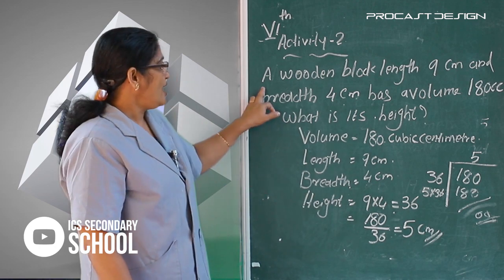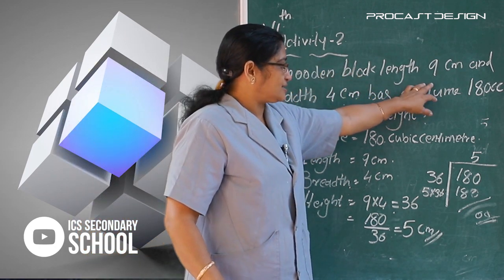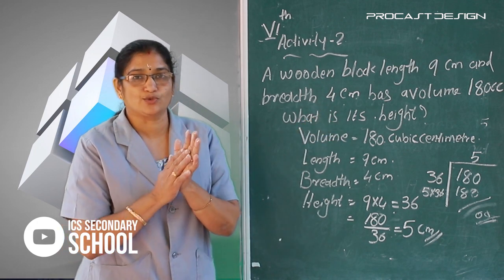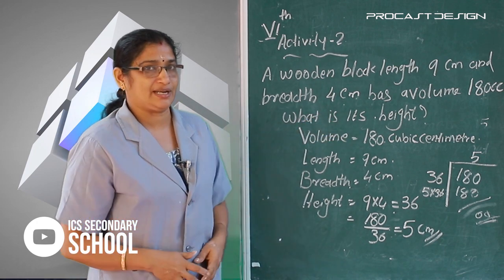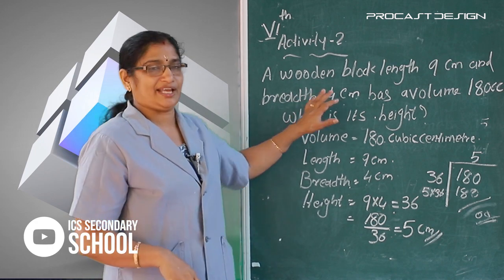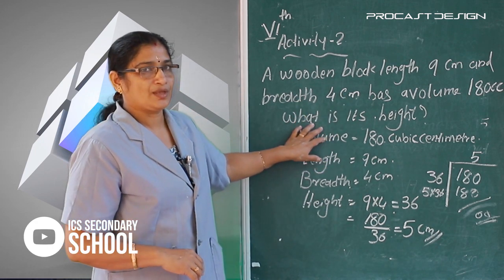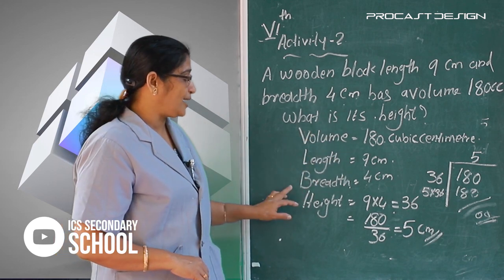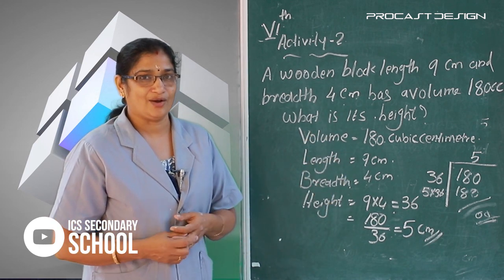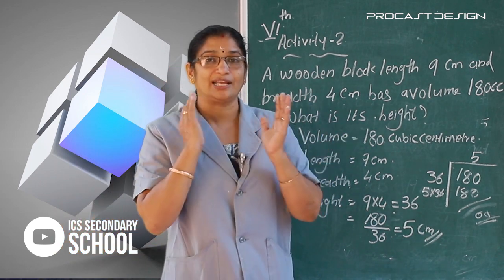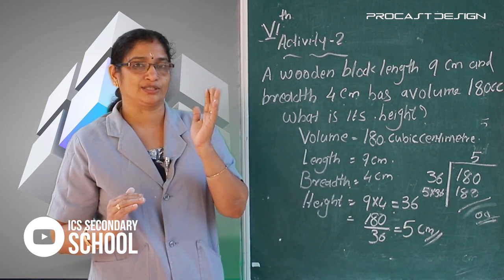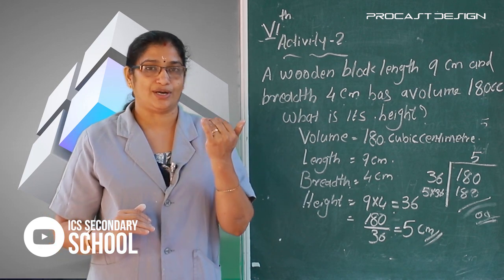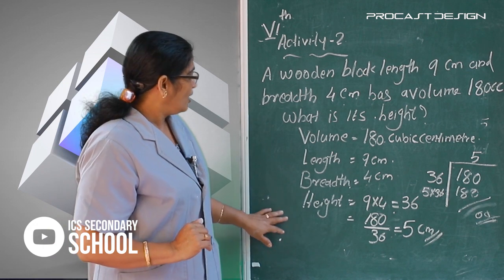All of you listen. A wooden block of length 9 centimeter and breadth 4 centimeter has a volume of 180 cubic centimeter. What is its height? How can we find height? Length into breadth, 4 into 9 is 36.